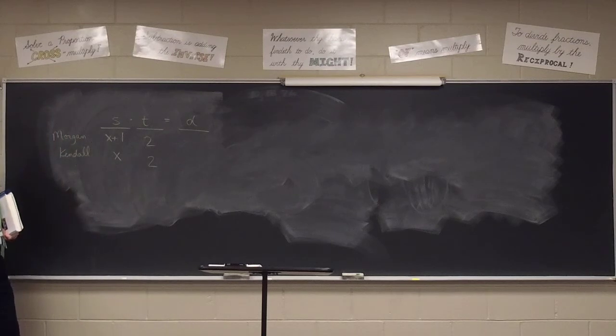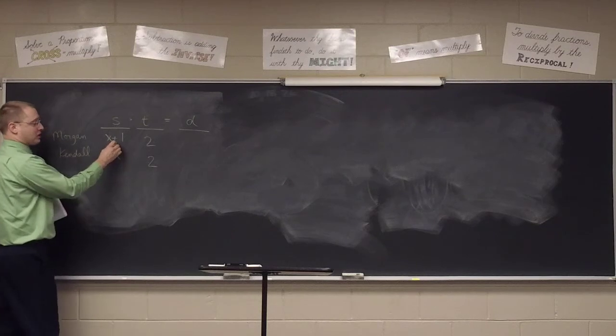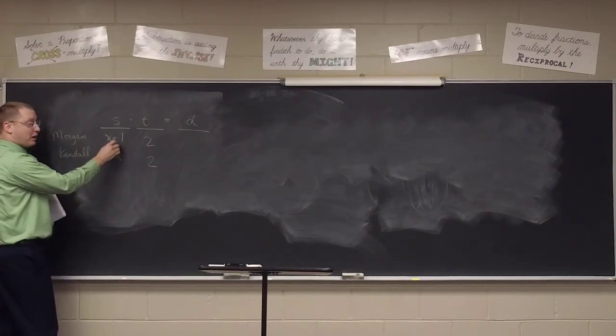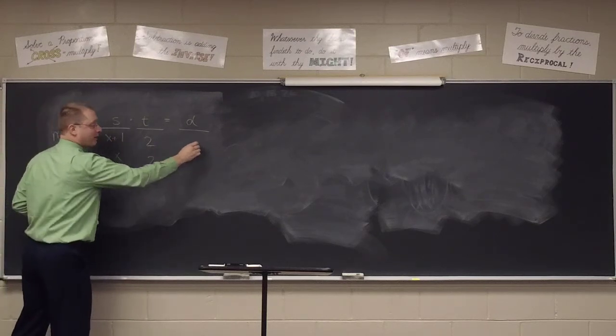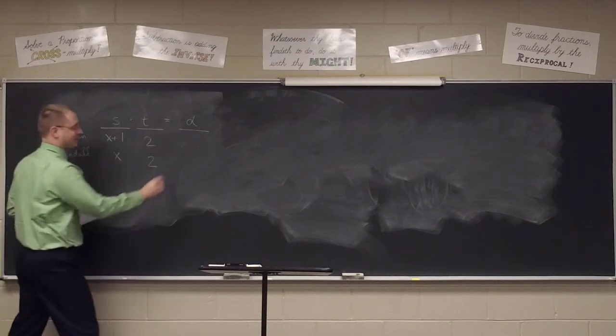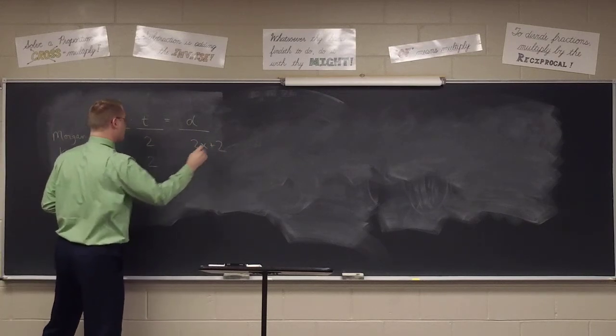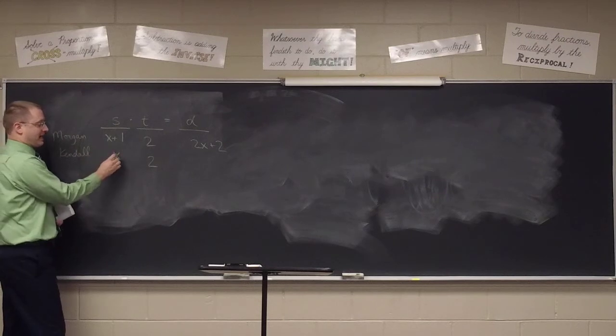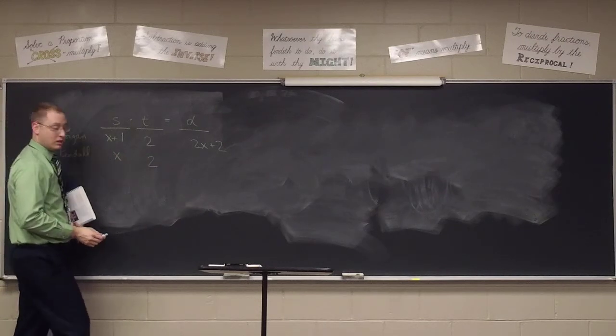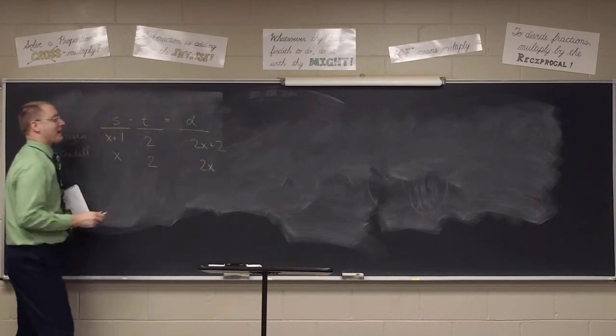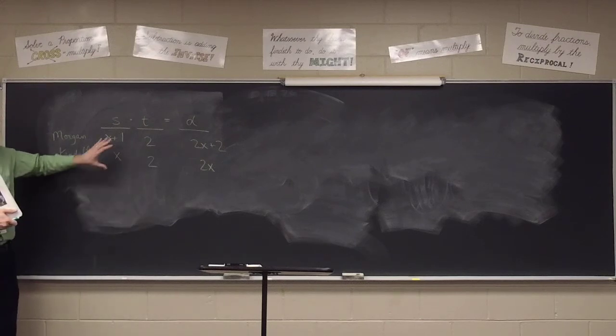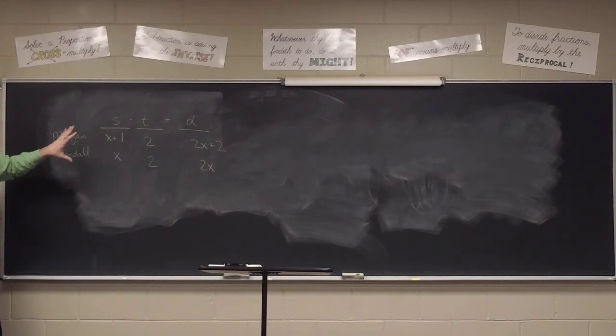If she ran at a speed of x + 1 miles per hour for 2 hours, how many miles did she run? 2x + 2. Good, 2x + 2. And how far did Kendall run if she ran at x miles per hour for 2 hours? 2x. Oh, I say ran, jogged. 2x total miles.